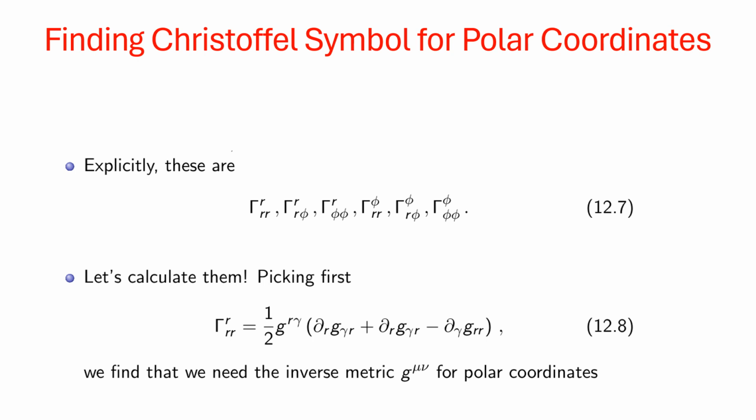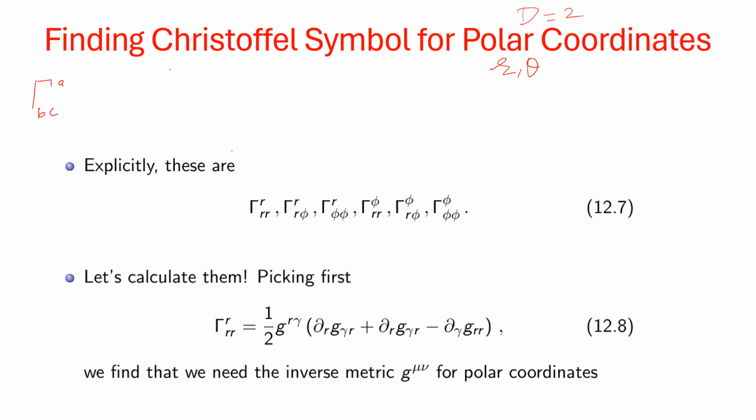Now, let us roll through the example that we have discussed for polar coordinates, and here actually we are supposed to find this Christoffel symbol. Actually, r and theta are two coordinates. So here dimension d is equal to 2, and the Christoffel symbol has three indices like gamma a b c.